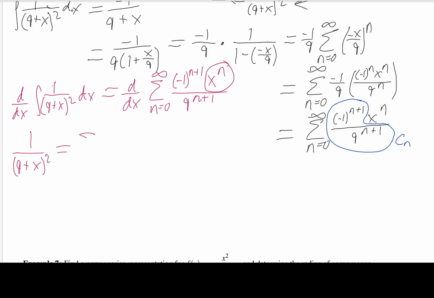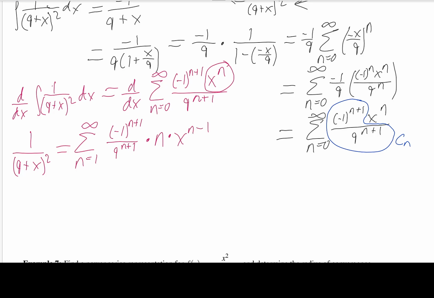So that means I need to start with the sum from n equals 1 to infinity of, alright, so remember, we'll have our c sub n, negative 1 to the n plus 1, over 9 to the n plus 1, times n, times x to the n minus 1.